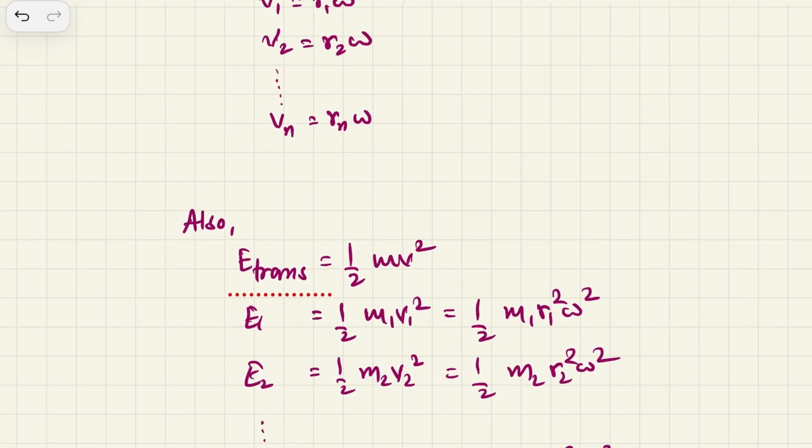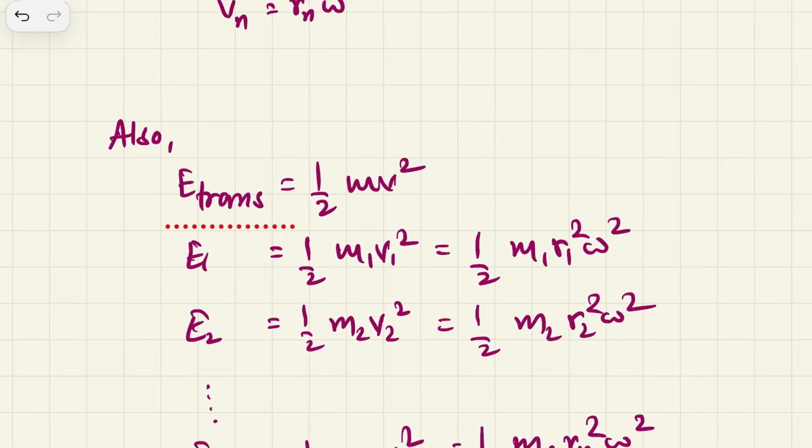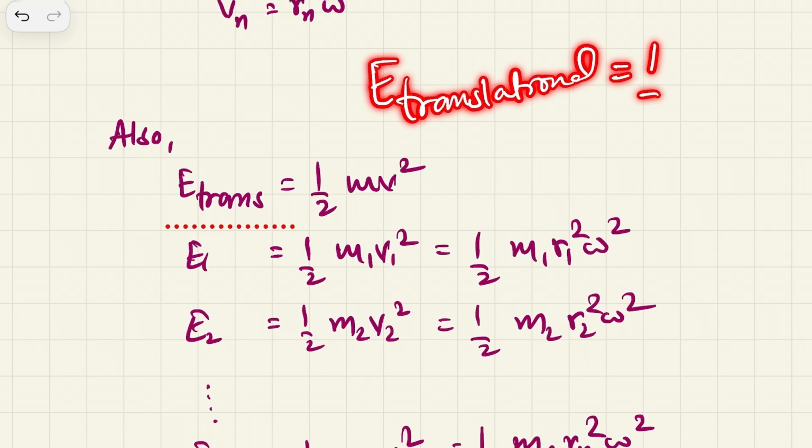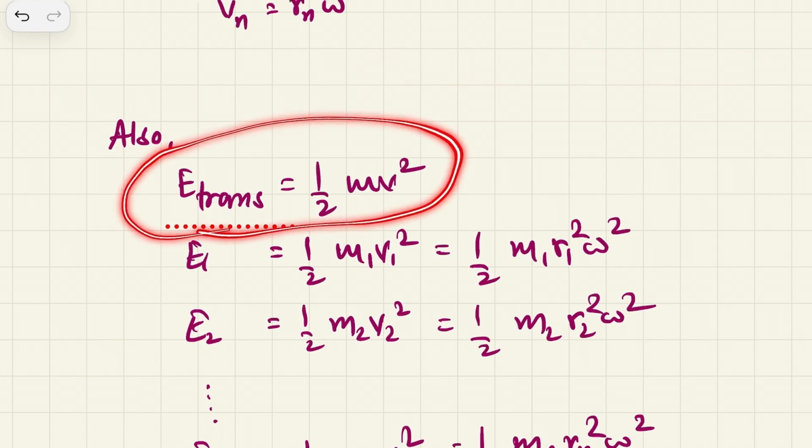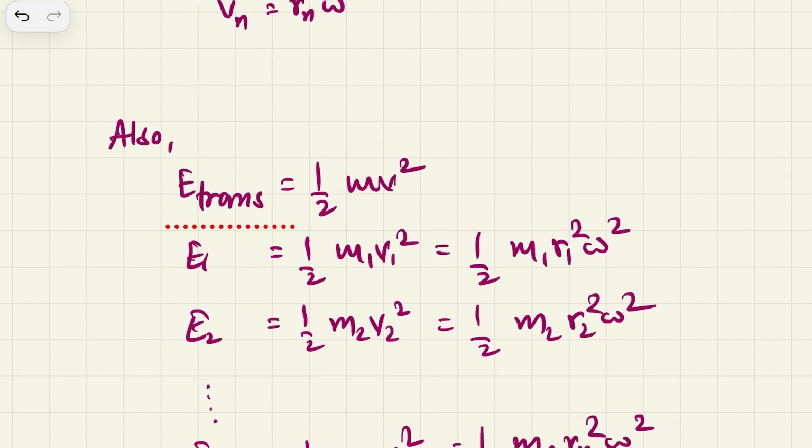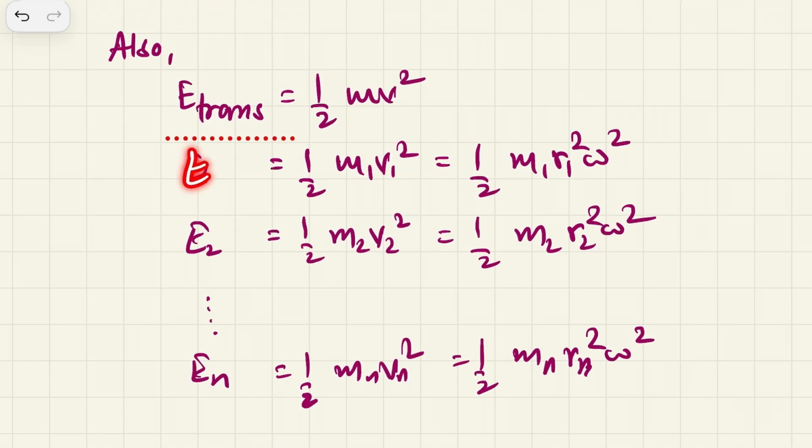Then we also know the translational kinetic energy, which is basically your linear kinetic energy, half mv square. This is our general formula. With this formula, I am going to write the kinetic energies of each and every particle. The first particle's kinetic energy would be E1, which is half of m1 v1 square.